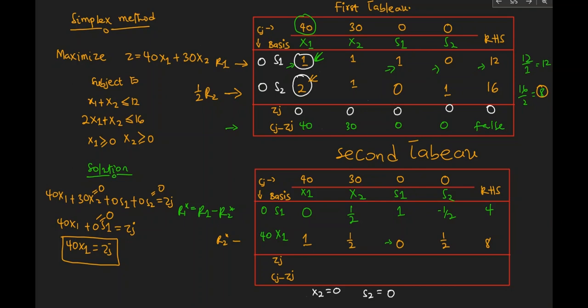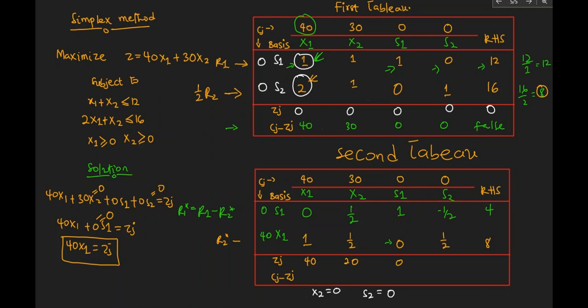So let's start. For the first column, we have the x1 value to be 1. So you're going to have 40 multiplying 1, which gives us 40. And then the second one, you're going to have 40 multiplying half, which gives us 20. Then next one, 40 times 0, which gives us 0.